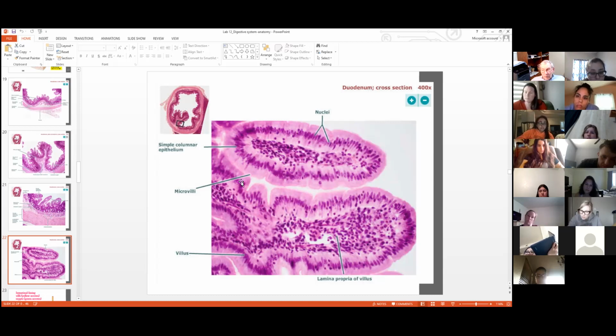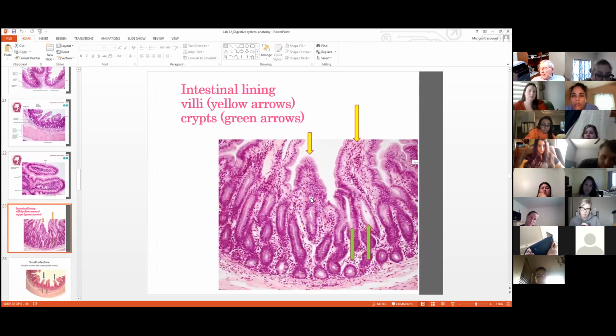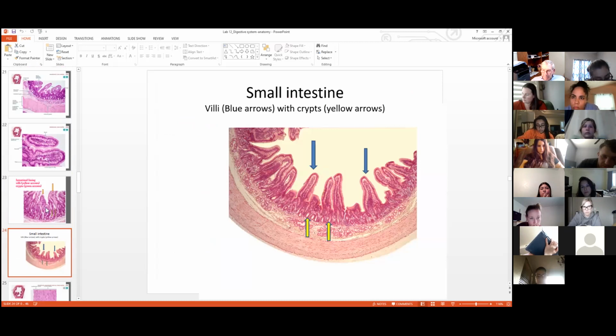You're not responsible for microvilli in this picture. Certainly we can see crypts here. We can see villi here. You can see the simple columnar tissue here. Here you can see the crypts and the villi.